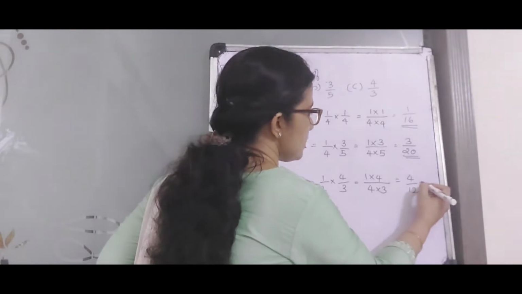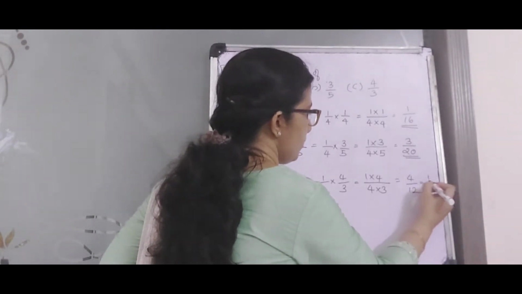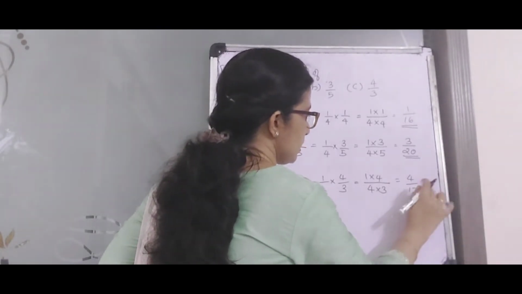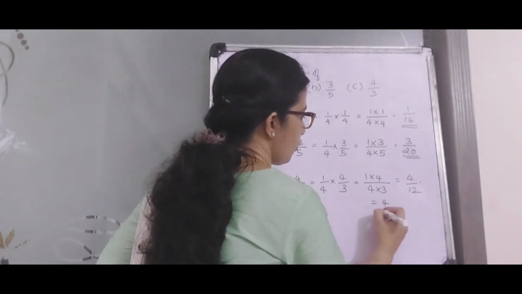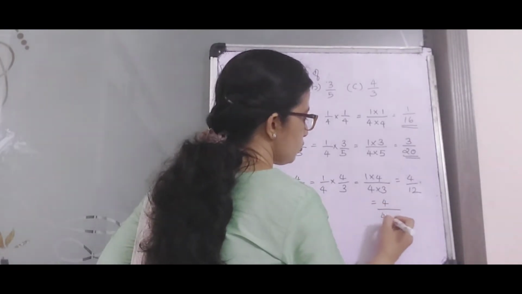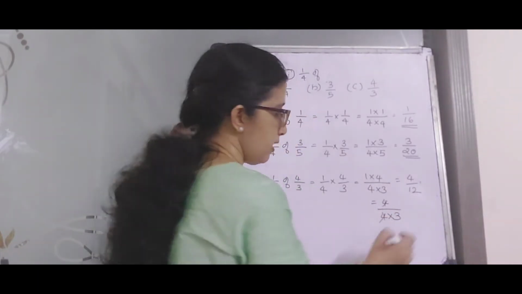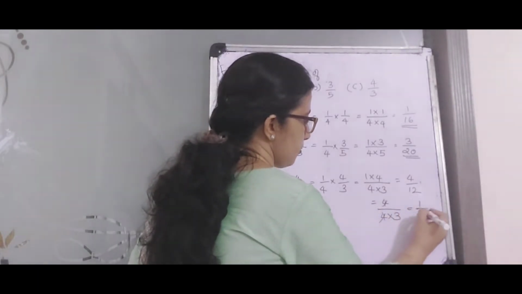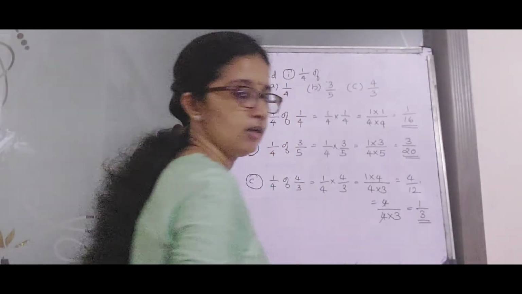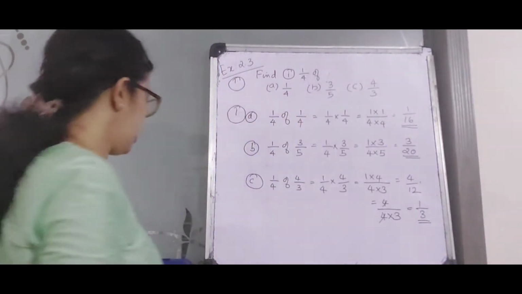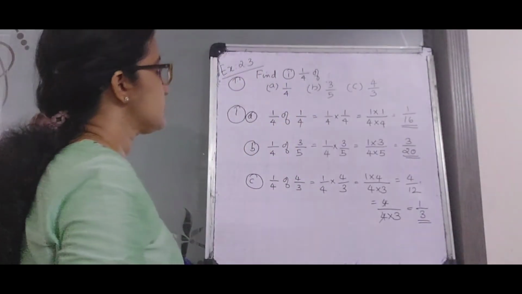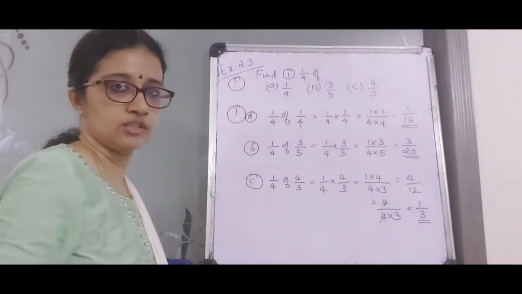Let me give you step by step: 4 by 4 into 3. So this 4 and this 4 get cancelled and the answer is 1 by 3. Okay, clear? Now let's go into the second part of the first question.